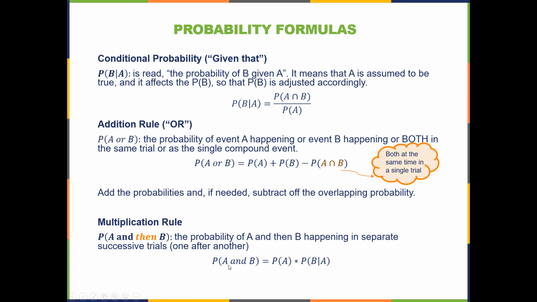So if this is the way that we can understand the problem, then we would multiply the two probabilities. But notice that the second probability is with that conditional probability notation that we saw up here. So what that means is that we assume A happened on the first trial, and now the probability of B may be different than it would normally be. And if it is different, that would mean that events A and B are dependent. If the probability has not changed because of A, then we would say that A and B are independent events.